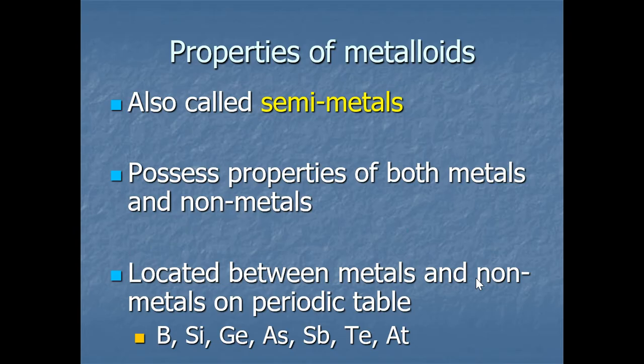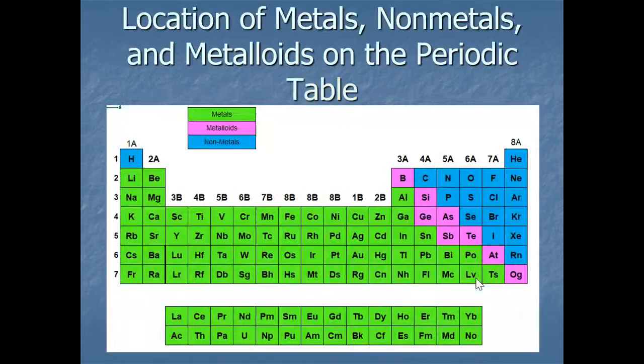And they actually have the elements of boron, silicon, germanium, arsenic, antimony, beryllium, and astatine as the semi-metals or metalloids. If we look at a periodic table, it's kind of interesting in that the metalloids make like this staircase from boron diagonally down to astatine. Now I have OG, the newest element on the periodic table, just labeled in pink because, again, we're talking about Mendeleev's periodic table.